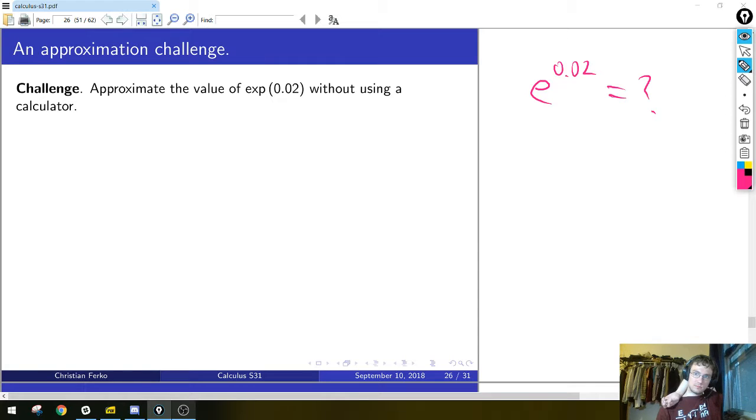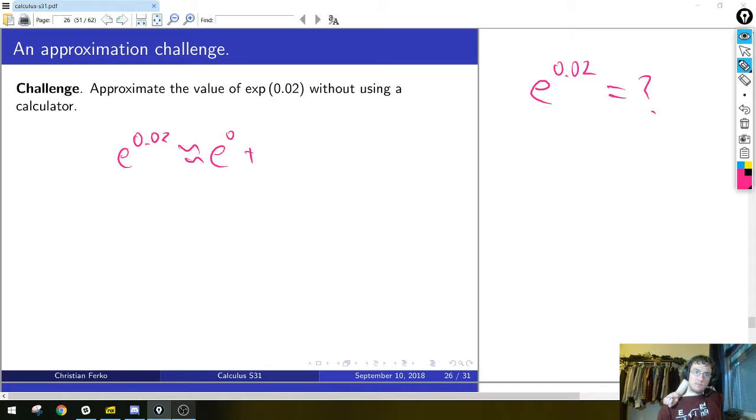So according to this approximation style, trying to recall things, it is going to be about equal to, so I'm going to say that our base value is going to be 0, so we have e to the 0 plus the derivative of e to the x is just e to the x?